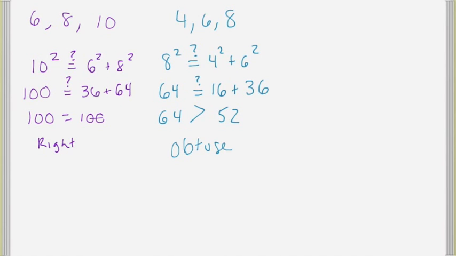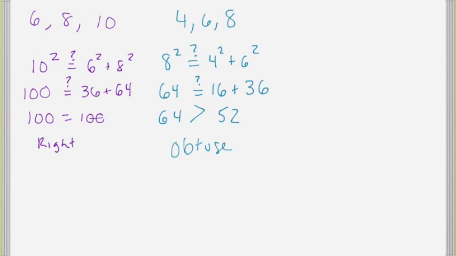I would suggest that when you do these problems, you always put that largest side, the C value, on the left. It works to do it either way. A squared plus B squared equals C squared, or C squared equals A squared plus B squared. Okay? It works either way, but in terms of figuring out if it doesn't end up as a right triangle, if we don't end up having that equals, it will be easier to see the acute or obtuse if your inequality is set up so that the C value is on the left side.